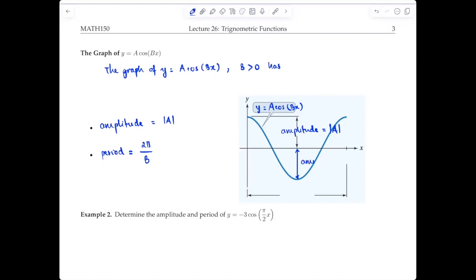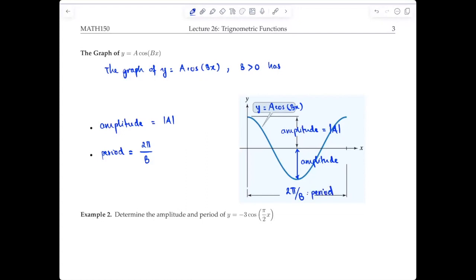So this is also the amplitude of the graph. And the period is the distance required for the function to complete one full cycle. In this case, the period is 2 pi over b, and again, this is the period.